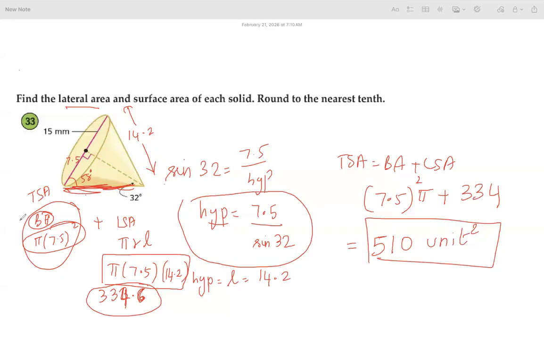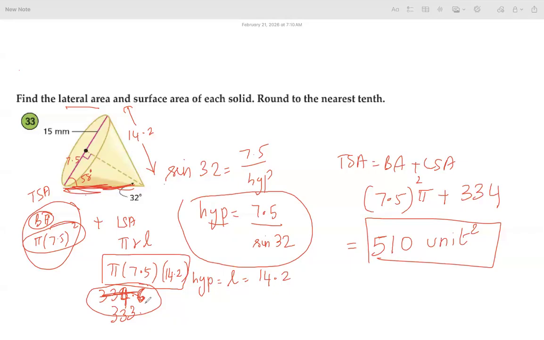Okay, Ananya, are you back? Yes, ma. For the slant height, pi r l, I got 33.2325. That is correct actually. 333 point something should be correct.